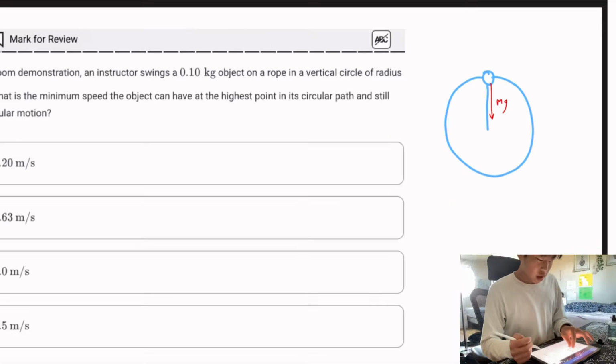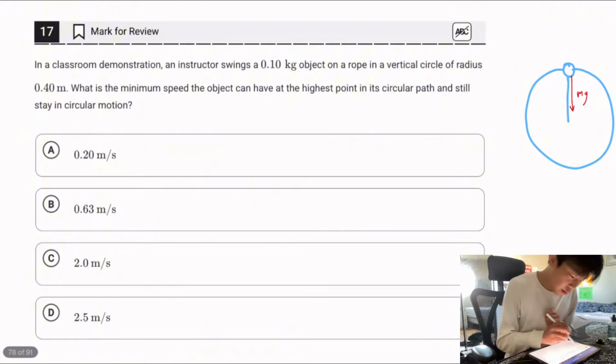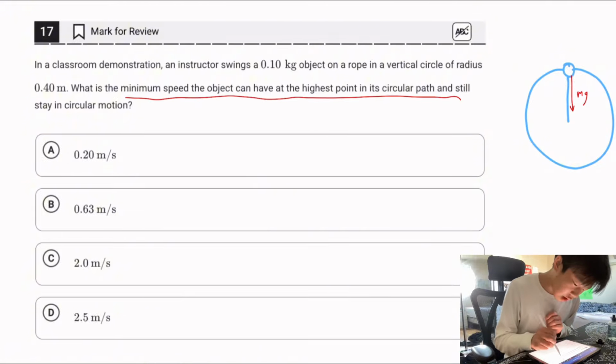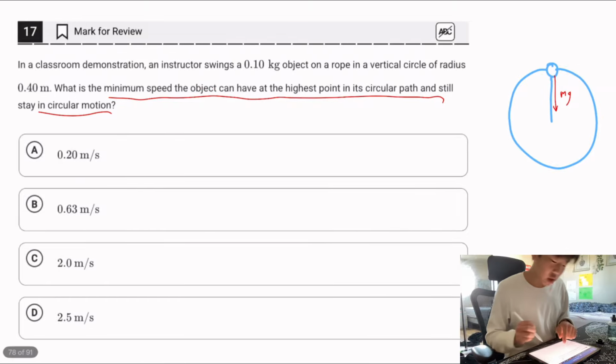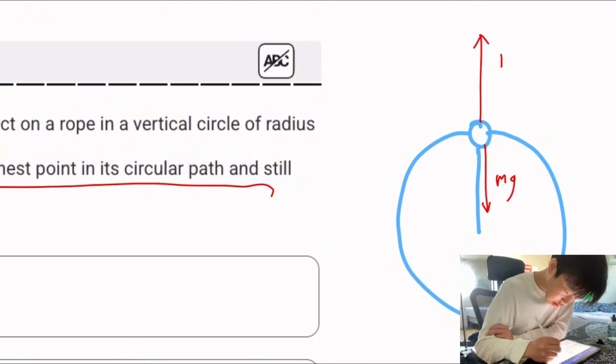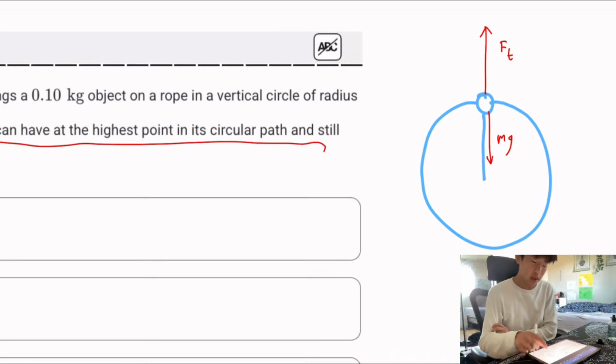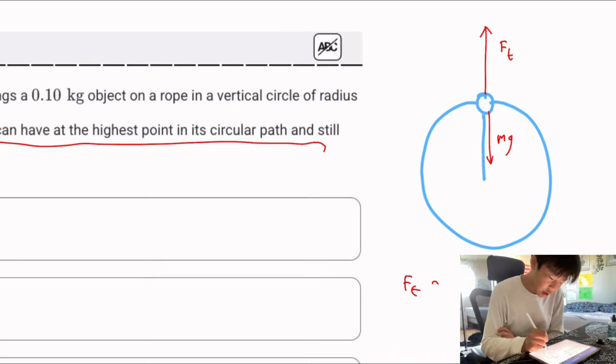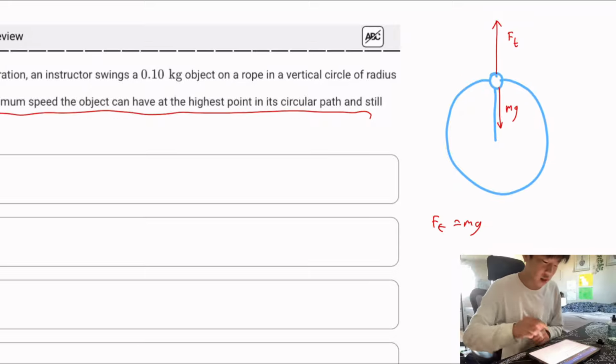So this is asking for the minimum speed the object can have at the highest point and still stay in circular motion, right? So Ft must equal mg, because when Ft is equal to mg, it's the minimum force required so that it doesn't fall towards the ground due to gravity, okay?